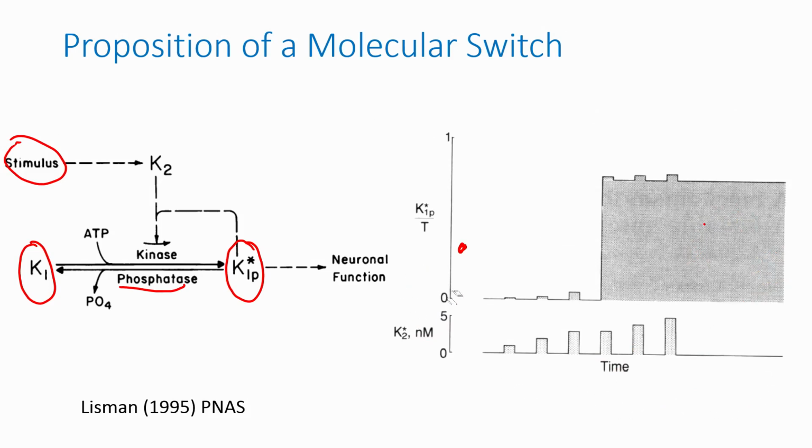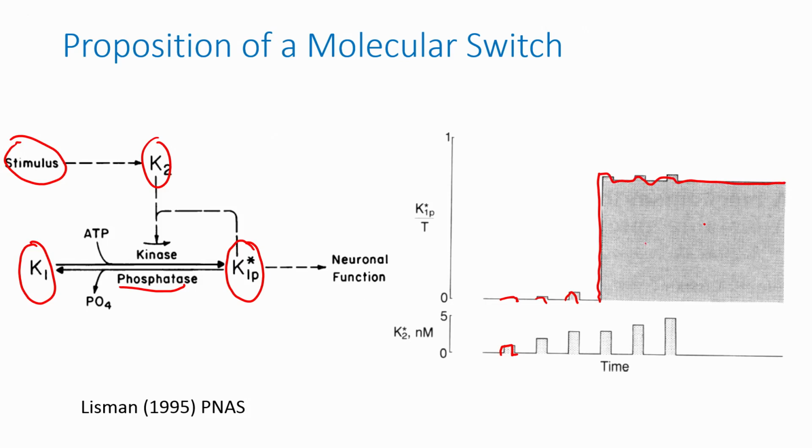Number one, the stimulus, the activated K2 here, in nanomolars, which does not matter, is the concentration of the stimulus. You are giving that stimulus and clearly the system is responding, the fraction of the K1 activated state is going up a little bit until a certain point right about here, where it completely goes up and then stays there.